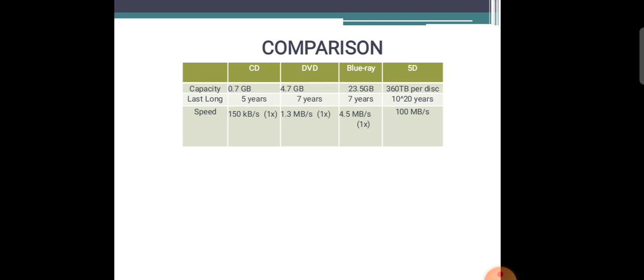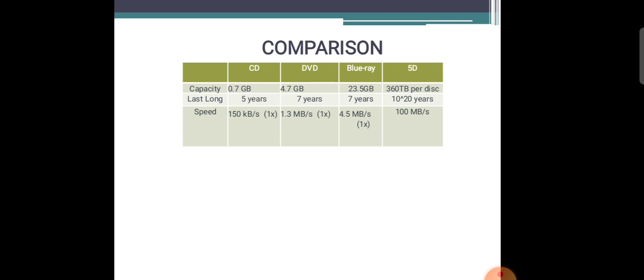First one, capacity. CD, 0.7 GB capacity, DVD, 4.7 GB capacity, Blu-ray, 23.5 GB capacity, 5D, 36 TB per disc. Lifespan: CD 5 years, DVD 7 years, Blu-ray 7 years, 5D 10 raised to 20 years.